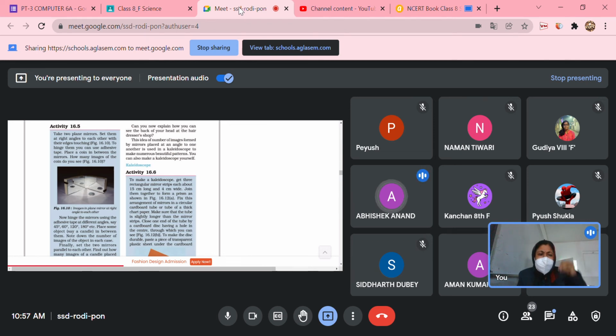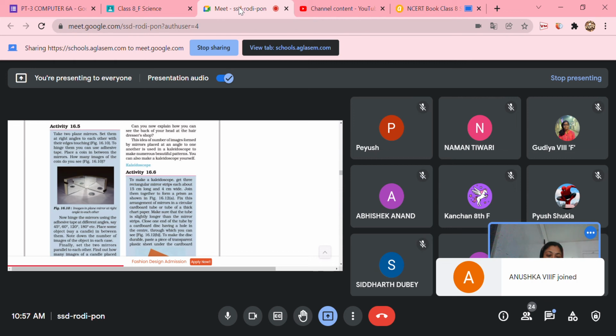So the number of images is innumerable and cannot be determined. You can also see this in some museums, where you see a well. It is not that deep, but due to multiple reflections they have made it appear deeper. So it will be infinite when the two mirrors are kept parallel and the object is kept in between them. Okay, am I clear?